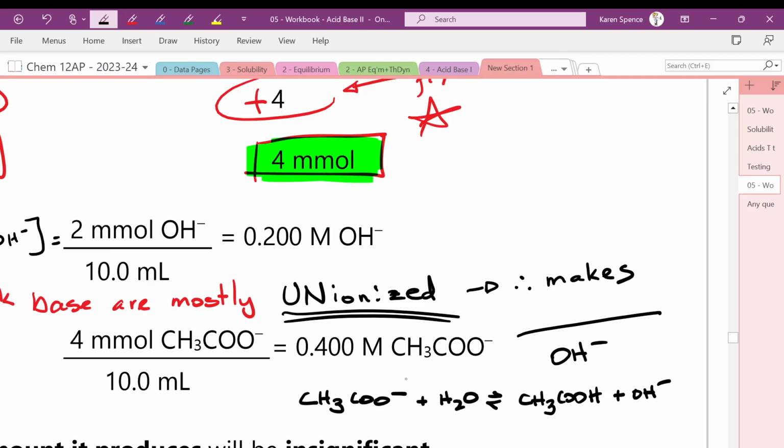Most of it is unreacted, okay? Most of it just stays as it is. Most stays here because it's weak.